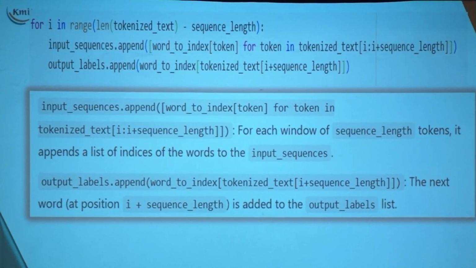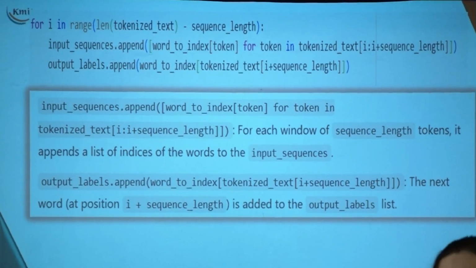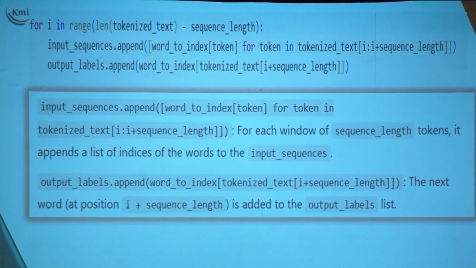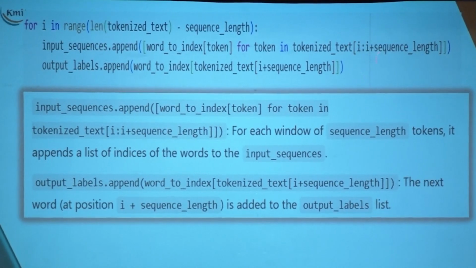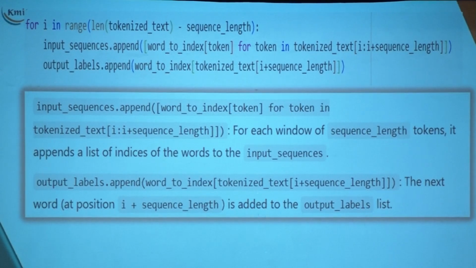So what is going to happen here is, for each window of, let's say, 5 tokens, 5 is nothing but your sequence length that you are working with. So for each window of this sequence length, tokenized text I to I plus sequence length, that's your sliding window for your context words.